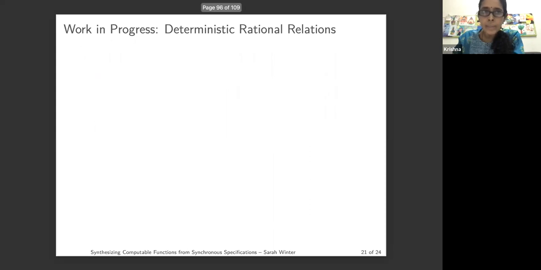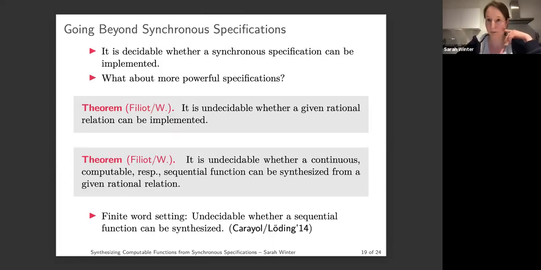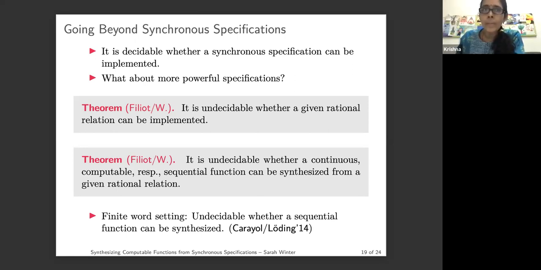Is that right? Undecidability? Yeah, it was not from me, but from Karayol and Döring. Basically it was known, but it was the rational case for finite words. And you extended that to the infinite setting. So I'm wondering whether, in the finite setting, their undecidability requires only this aperiodic rational setting, or do you require non-aperiodic rational?